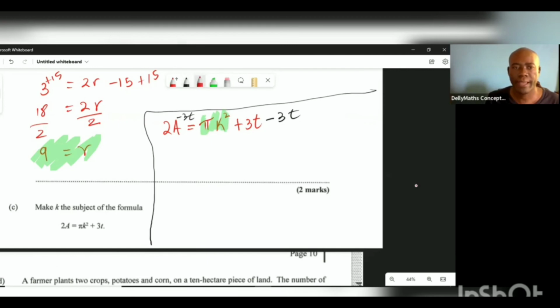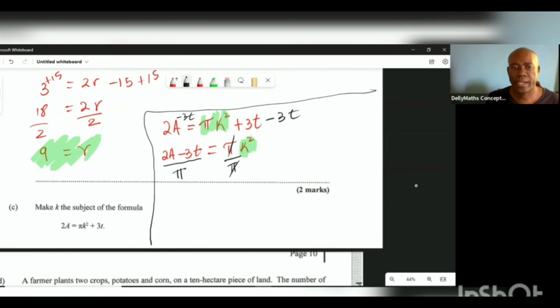So if I rewrite this, then I'm definitely going to have 2a minus 3t, and this is equal to pi k squared. Now, at this time, I'm going to be leaving the k squared for last. I'm going to get rid of the pi. The pi is actually multiplying, so I'm going to divide by pi, and I balance the equation by dividing by pi. So we could see the pi cancel itself.